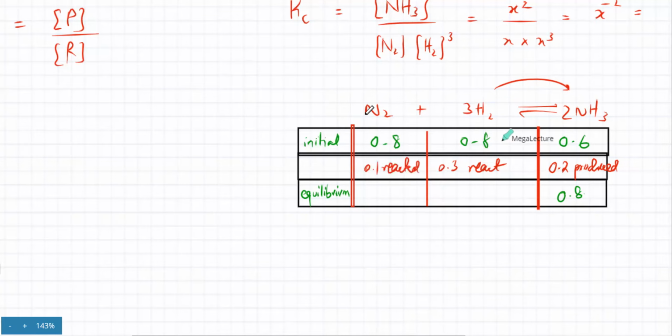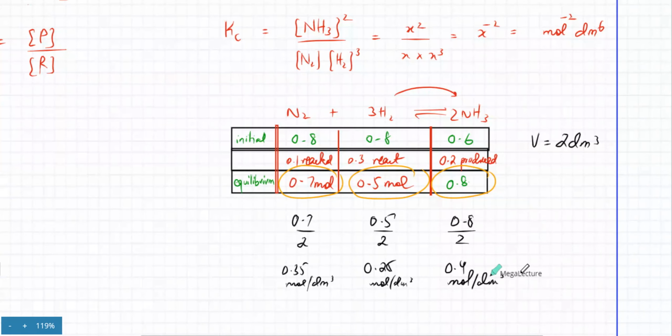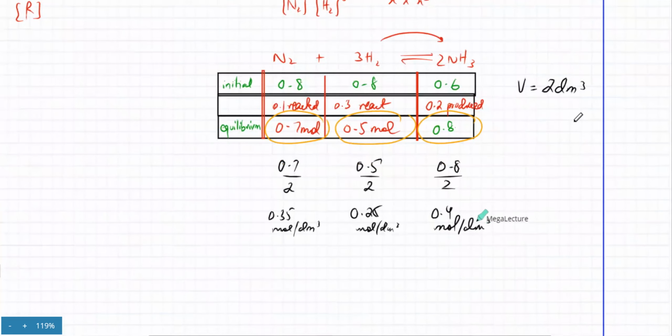So at the start you added 0.8 moles of H2, of which 0.3 reacted, so 0.5 moles are left. Here you added 0.8 moles of N2 at the start, of which 0.1 reacted, so 0.7 moles are left. Always remember that concentration is used, so you divide the moles by the volume, which is 2 dm cubed.